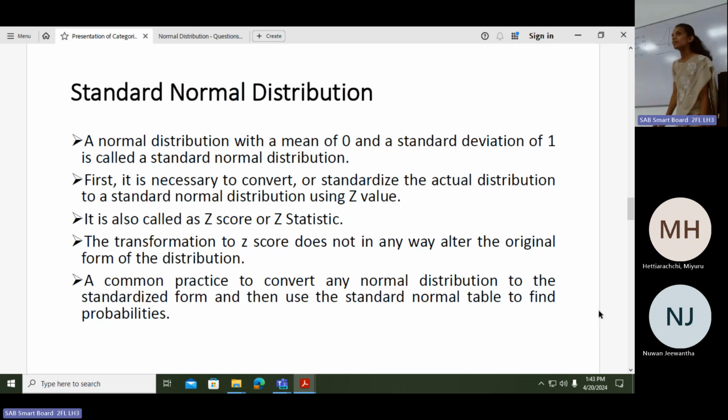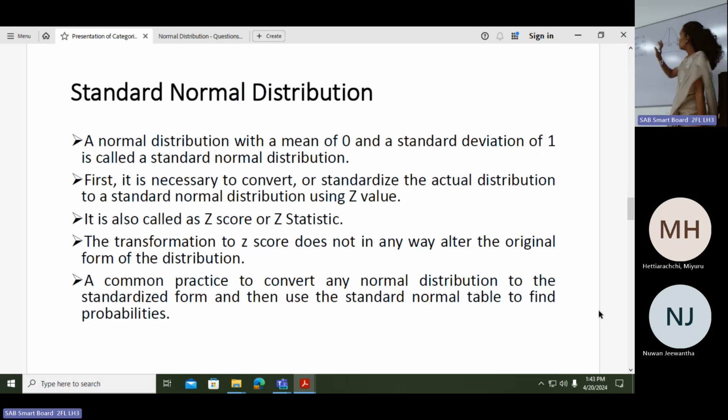Okay, in the standard normal distribution, always mean value is equal to 0 and the variance is equal to 1. Understood? The two parameters are mean and the variance. In the normal distribution, we can get any value for the mean and the variance.